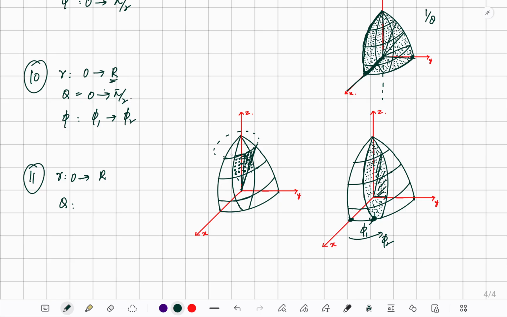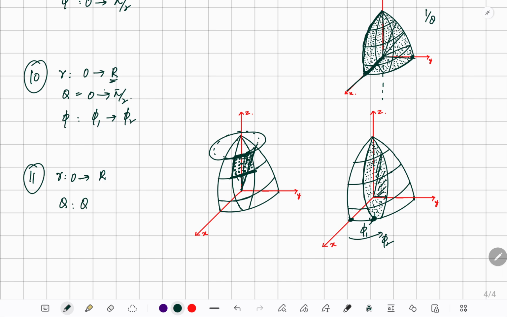Just open it this much, and consider this much of area. All these points are making angle theta 1, and this is making angle theta 2, because you open the umbrella differently. You open it first this much, then you open it like this much, and imagine the part.